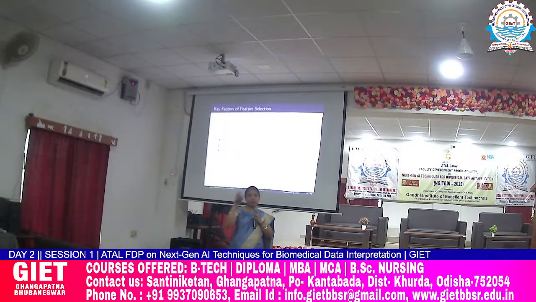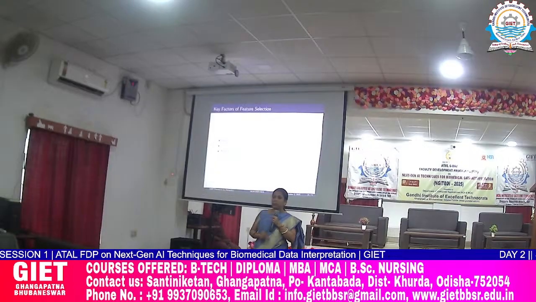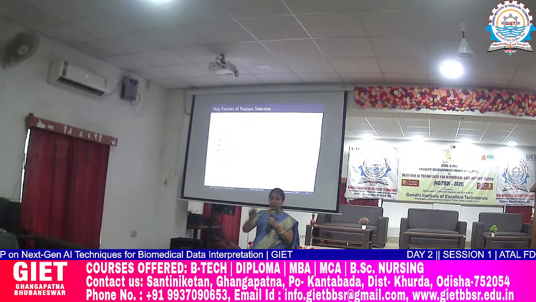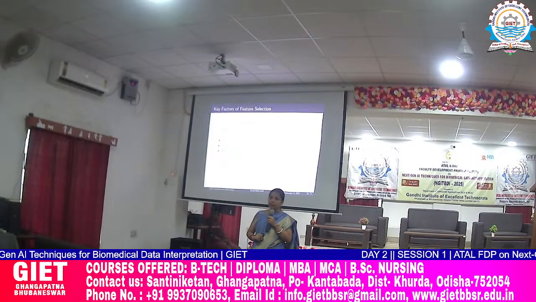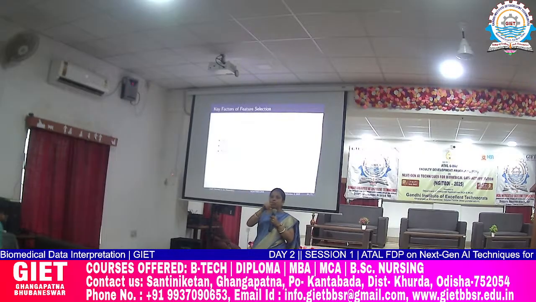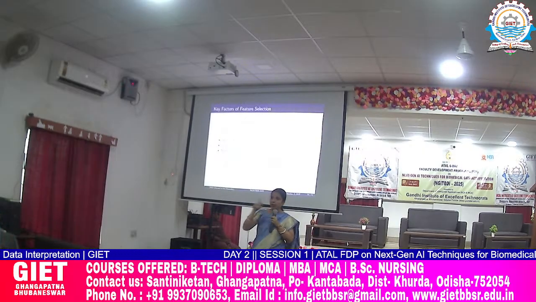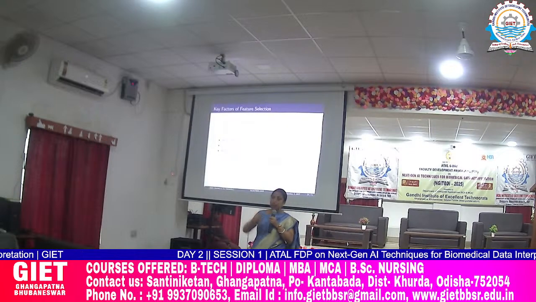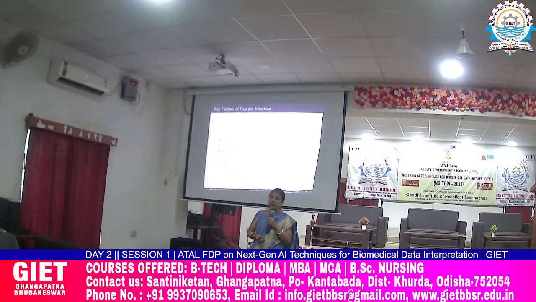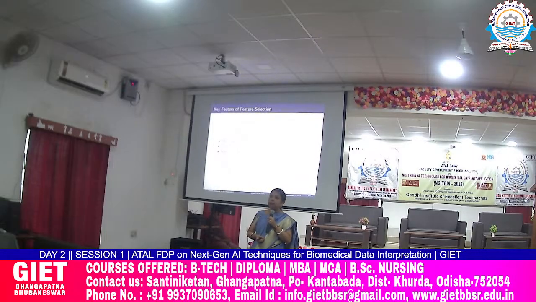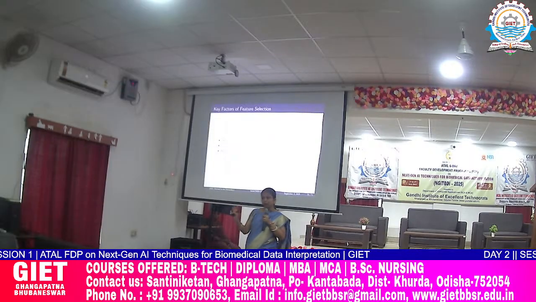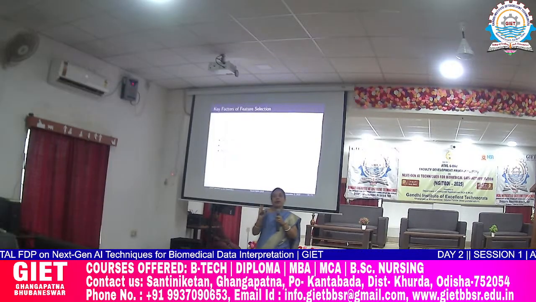So how many options do I have? 0, 0, 0 means all features are absent. 0, 0, 1 means X1, X2 are absent and only X3 is present. 0, 1, 0 means X1, X3 are absent and only X2 is present. If 3 features are there, 2 to the power 3 is 8. But we normally take minus 1, because 0, 0, 0 we don't take. So 2 to the power n minus 1.